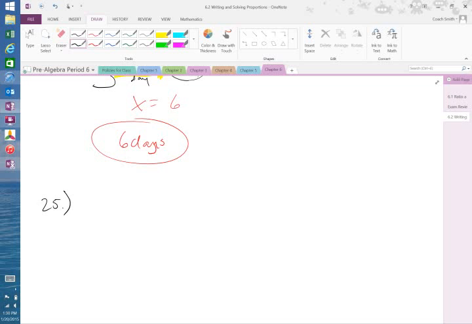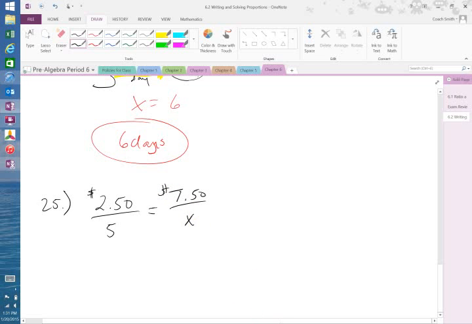Let's read it real quick and make sure everybody understands how we got that. It says school supplies. At a store, 5 erasers cost $2.50. How many erasers can you buy for $7.50? 2 ratios. First one is the first amount that they gave you, $2.50 over 5, and that's equal to how much they want to spend, $7.50 over the number of erasers. I keep putting it on the bottom.